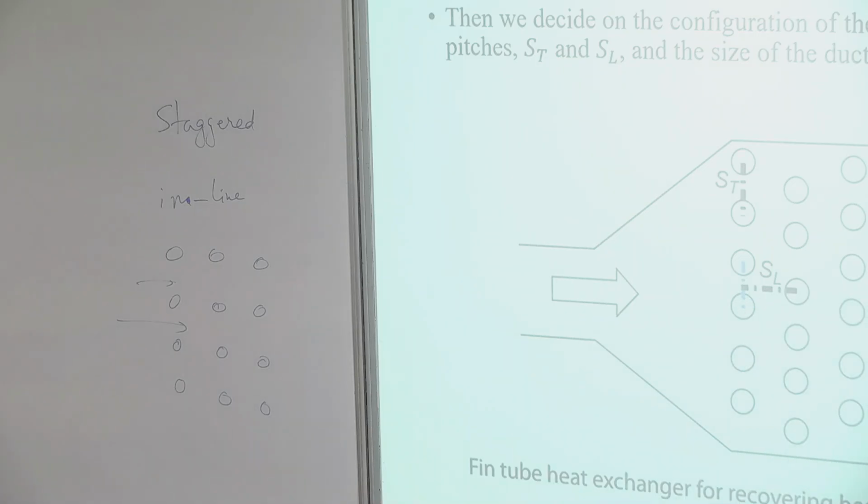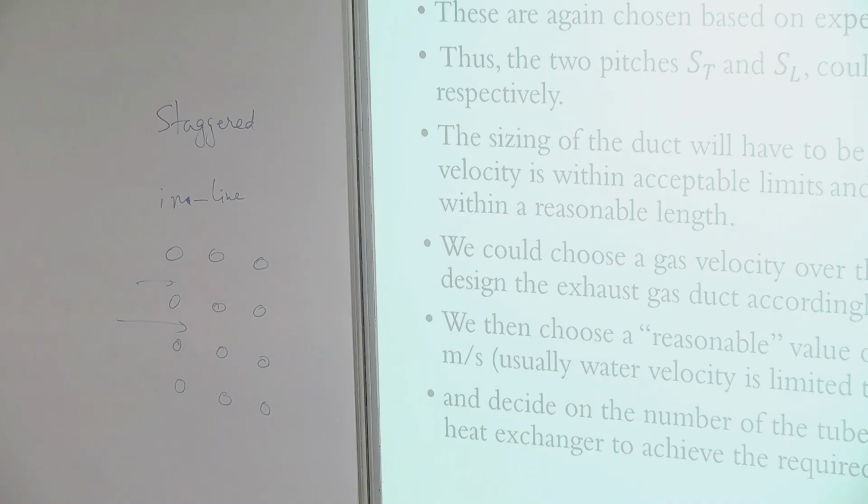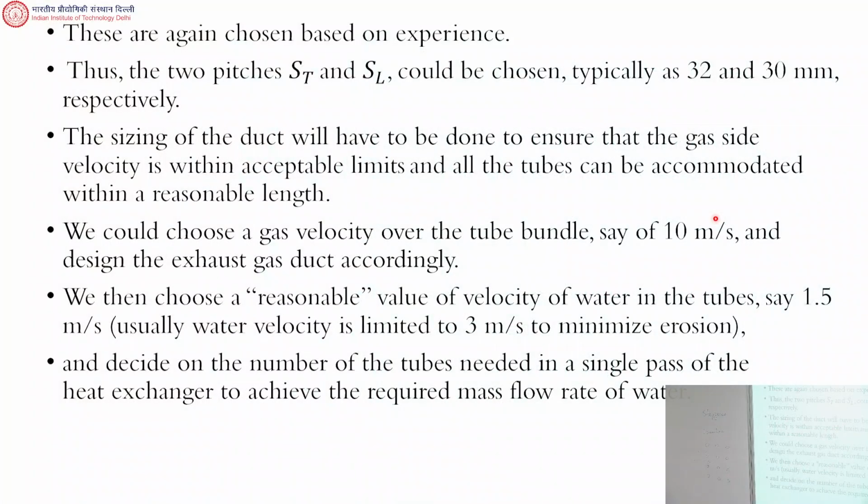Now, again, this is only an introductory discussion. So we are actually not designing anything. Okay, I'm giving you an overview of what sort of things we will do in this course. So again, based on experience, we choose ST and SL to be 32 mm and 30 mm. And we also have to choose the size of the duct in which these tubes are placed.